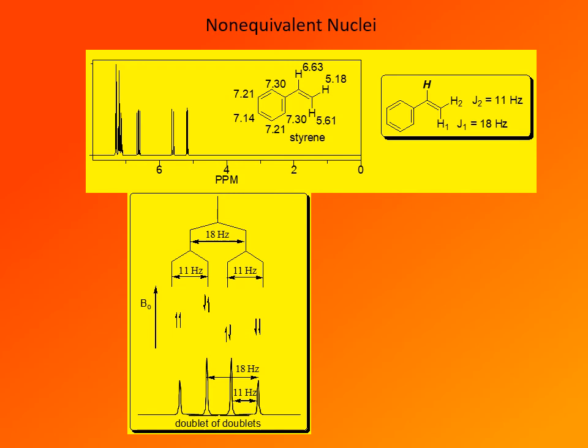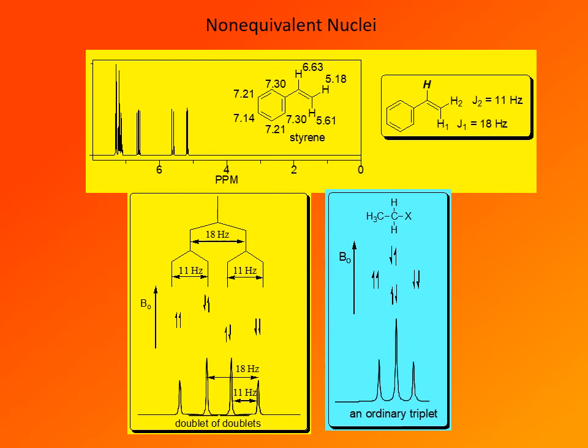So this is a doublet of doublets. And note how coupling constants are shown. Here we can see the coupling constant of 18 Hz in the final doublet of doublets, and here is the coupling constant of 11 Hz. We can see that this is a doublet of doublets and not a quartet. It may look like a quartet, but it is not.